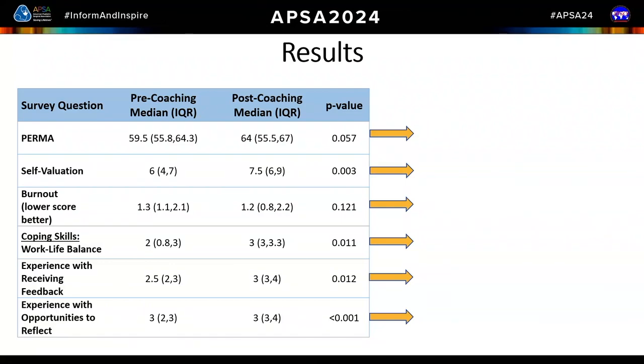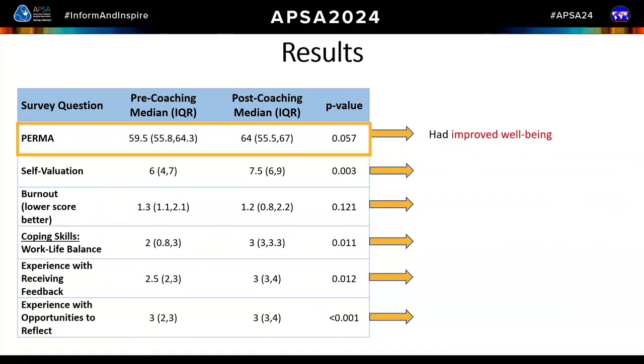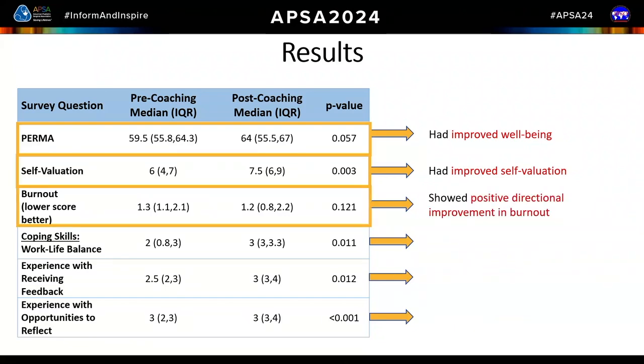In this observational study, similar to our prior randomized trial, we found that residents who participated in coaching had improved well-being, had improved self-valuation, or that self-compassion that we talked about earlier, and they also had a positive directional improvement in burnout.